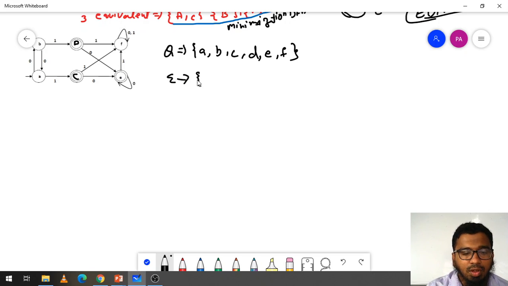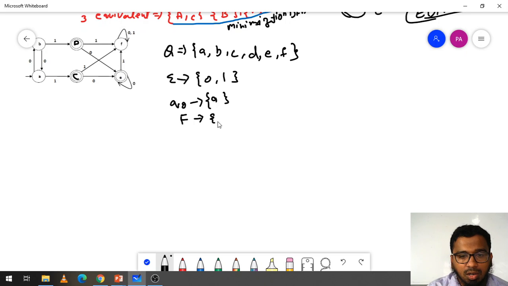Sigma is 0 and 1, two symbols. What is the initial state? The initial state Q0 is A. What is the final state? The final state F is C, D and E. These three are the final states.